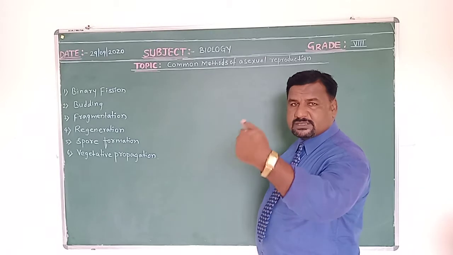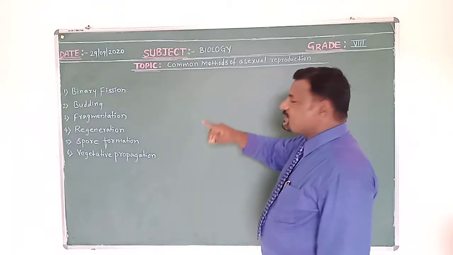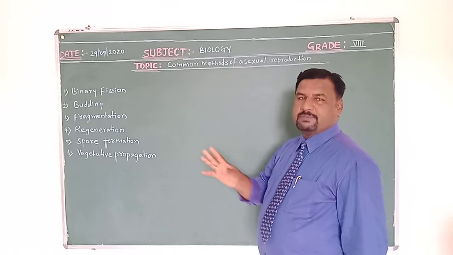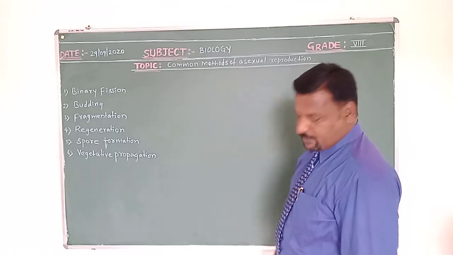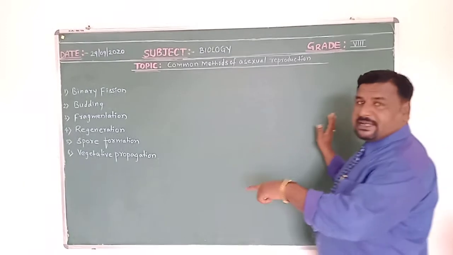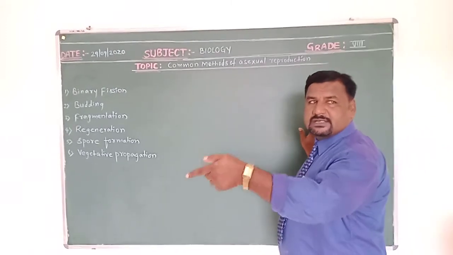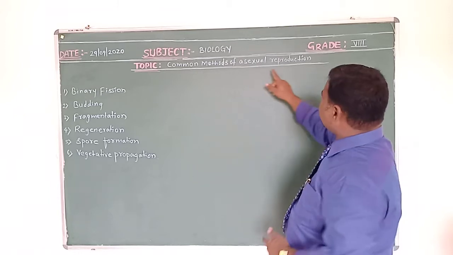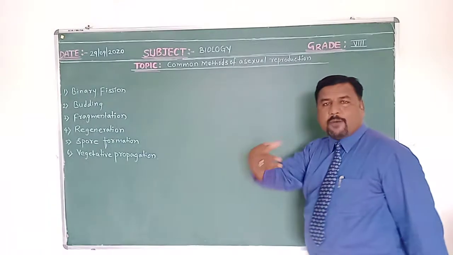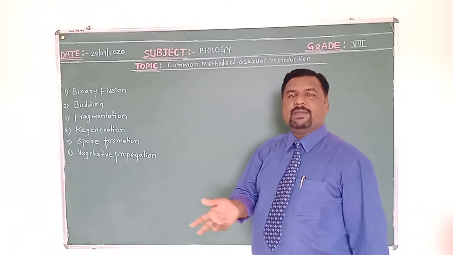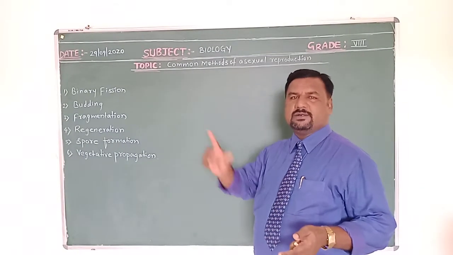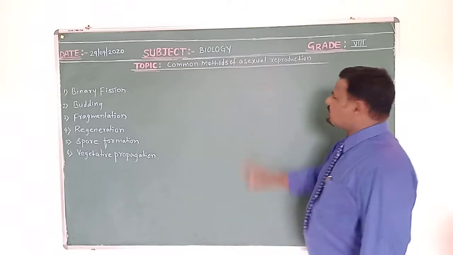And one more important difference: as a result of sexual reproduction, the offsprings are not identical to their parents. Whereas as a result of asexual reproduction, the offsprings produced will be identical to their parents.